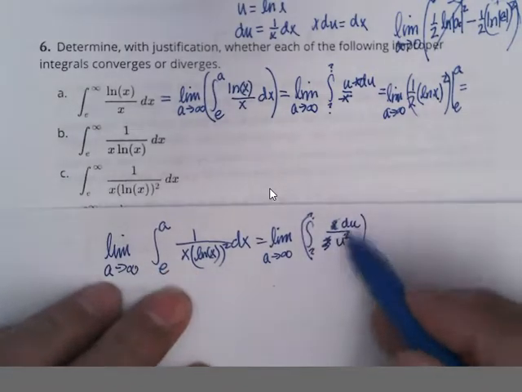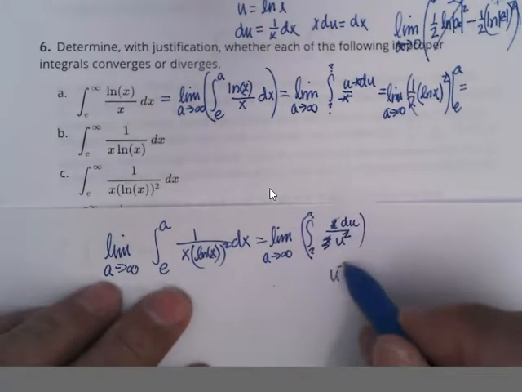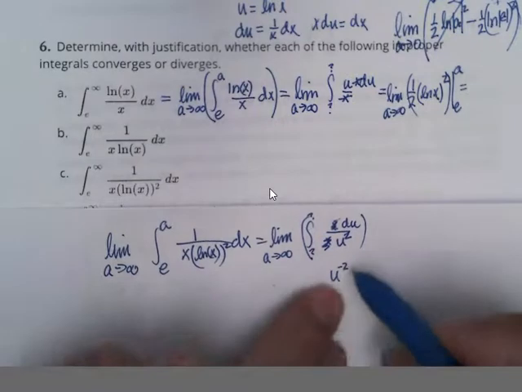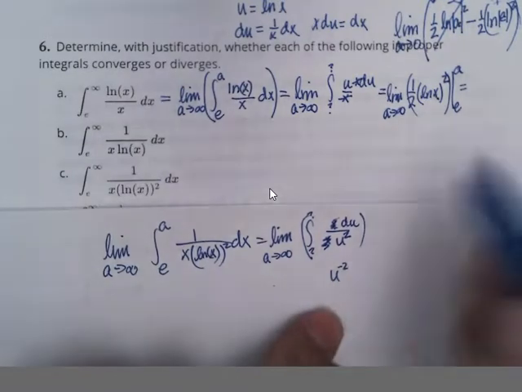And so when I integrate this, that's u to the minus 2. If I add 1 to this, I get u to the minus 1 divided by minus 1.